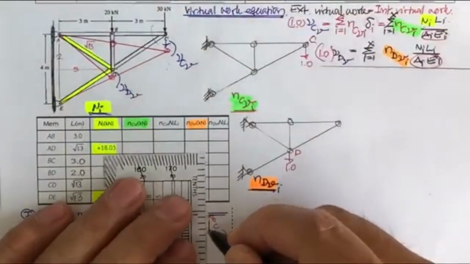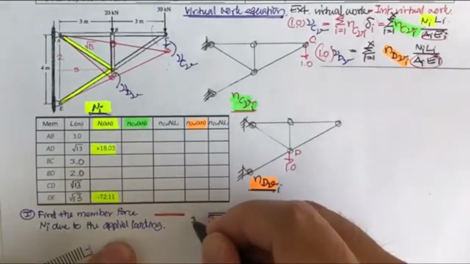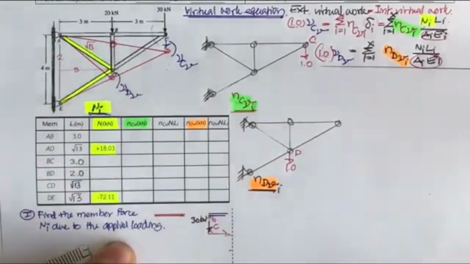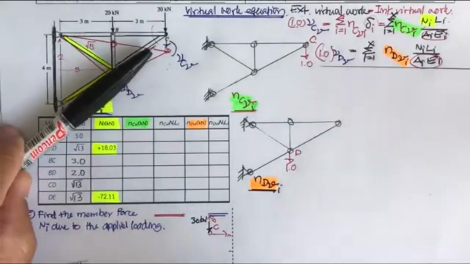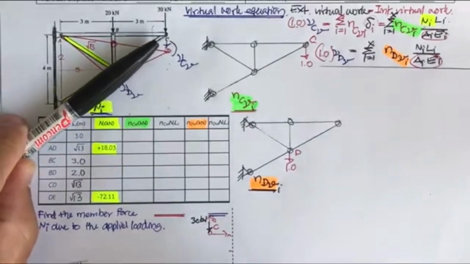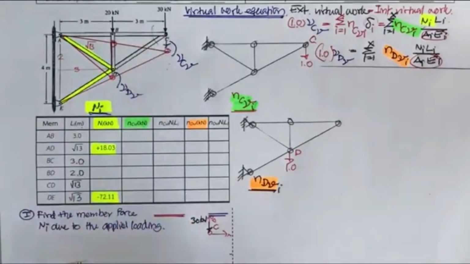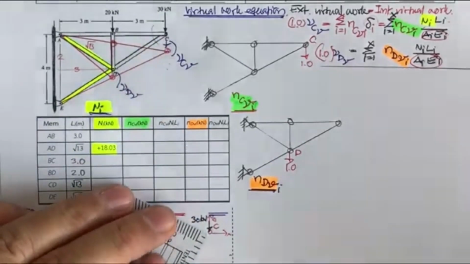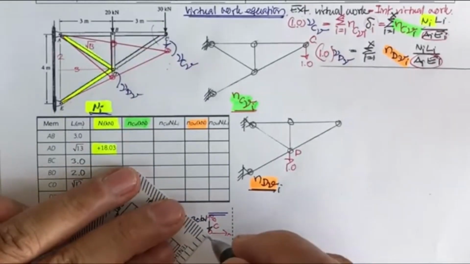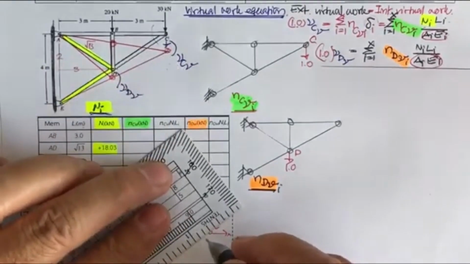So this is going to be the force of 30 kilonewtons applied here. When the 30 kilonewtons apply here, this one is supposed to act upward to try to push it up, right? So I think the force here must be in this direction.